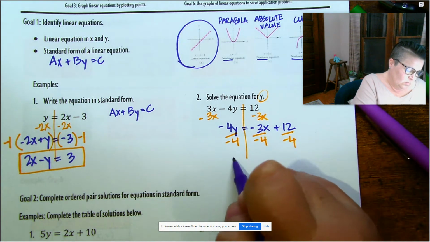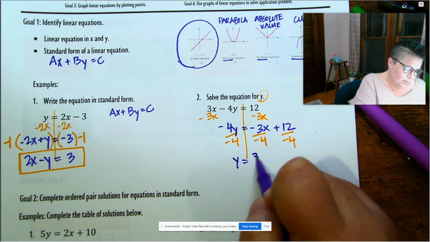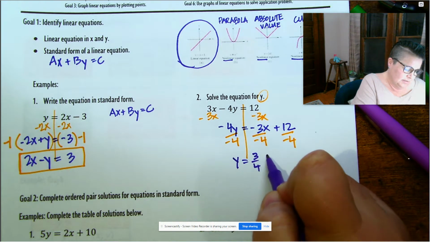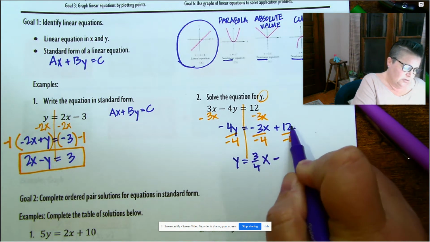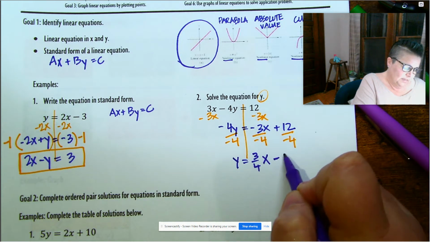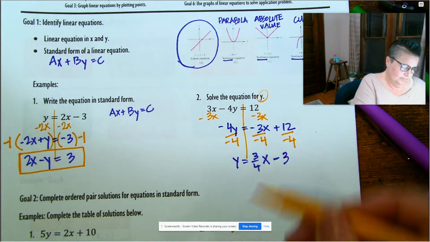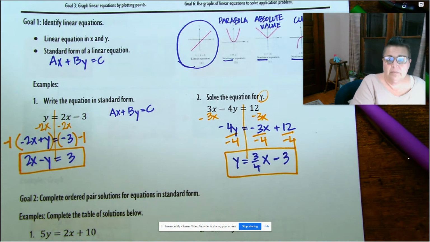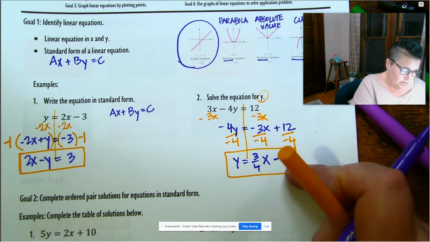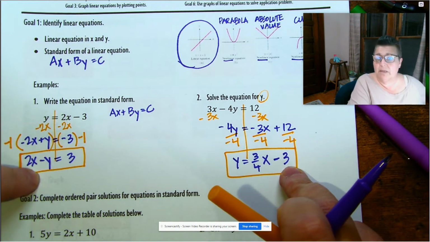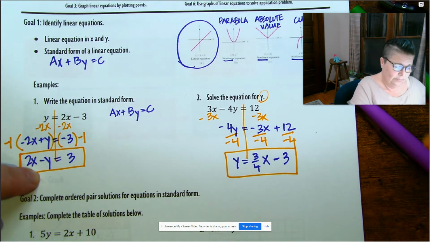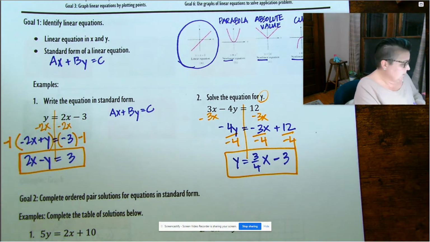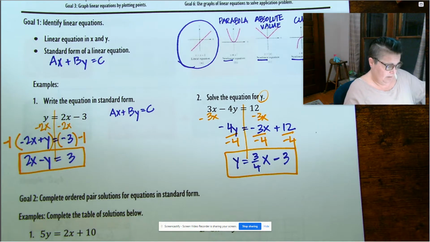That will give me y is equal to 3/4 x minus 12 divided by negative 4 is a negative 3. Okay. We're going to be using this particular method quite a bit at some points today as well. All right. So can we complete the tables?